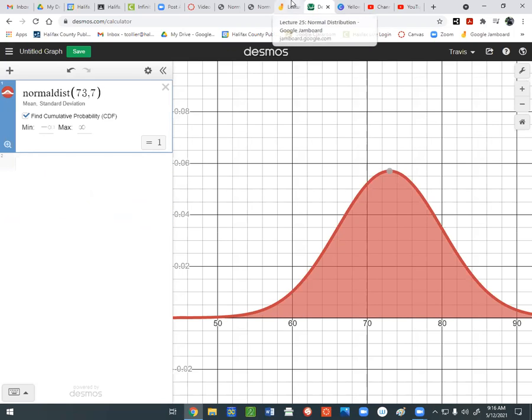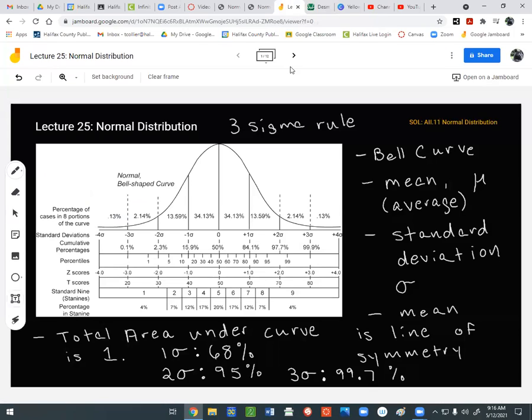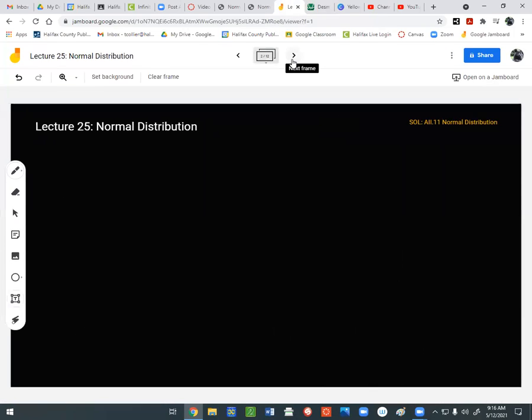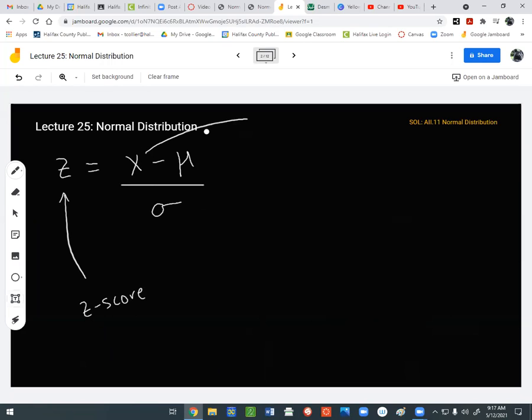Okay, the z-score formula is what we learned on Monday. That was z is equal to x minus the mean, all divided by the standard deviation. So when you're looking at a z-score like this, you're always taking the data point, which is x.